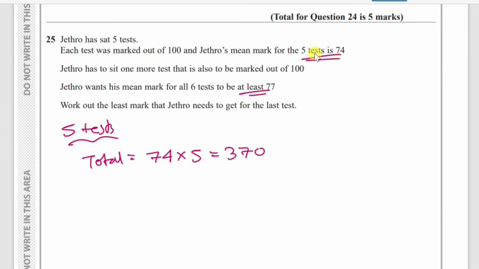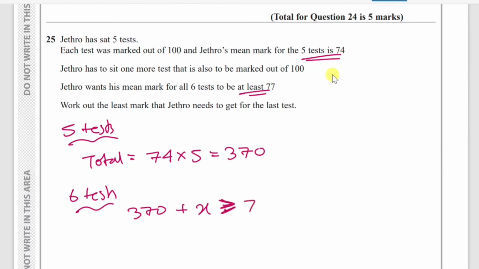That's the first one. Now, he tells us that he wants his mean mark for all 6 tests to be 77. So let's work with 6 tests. We know the total is 370. He just needs one more test. Let's call it x. Let's do the same trick. If he wants at least 77, I'm going to change the sign to at least.